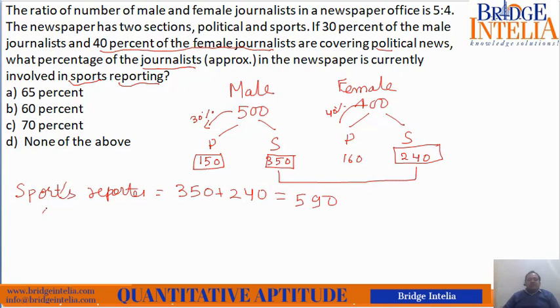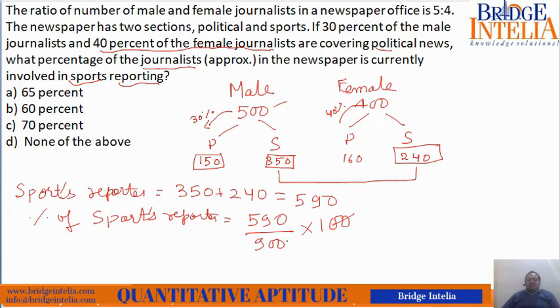The percentage of sports reporters will be 590 out of the total. How many reporters? 900 reporters. So 590 is what percentage of 900?